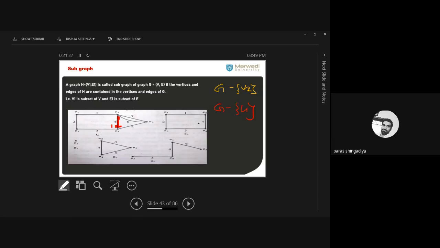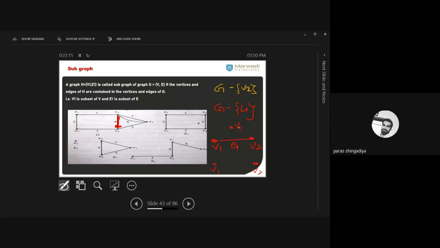For example, suppose I have a line, if I consider this V1 and V2 with E1. I remove E1. So what will be the remaining part? This V1 and V2. That will be the remaining part. When we delete E1, the end points will remain as they are. But when we delete a vertex, suppose you remove V1 from E1, so what will be the remaining shape in the graph?